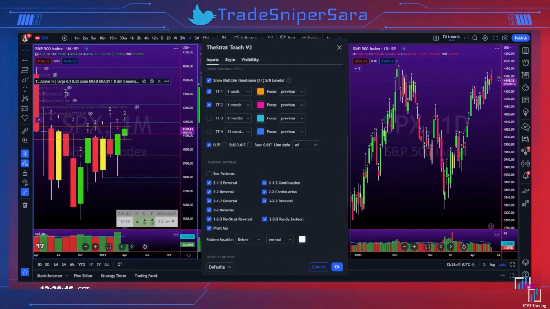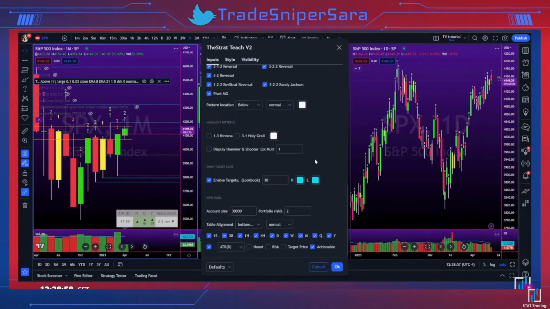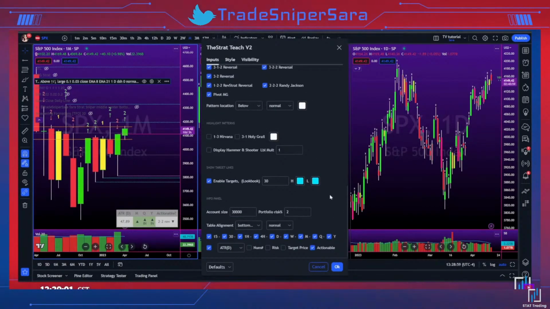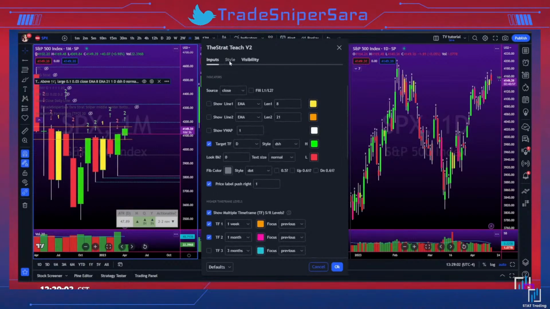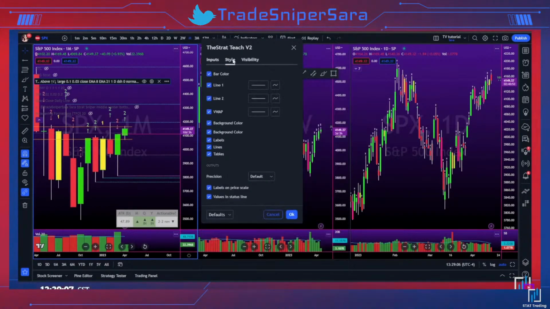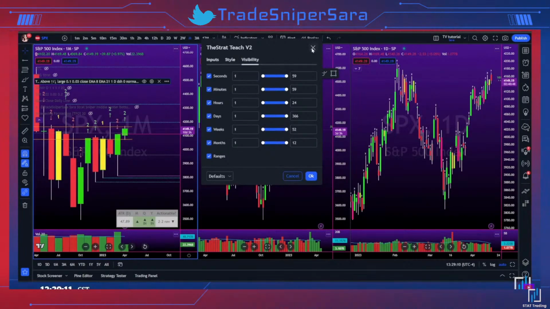Well, what else? It's got the 0.5 fib, which is this light gray dotted line. You can customize that however you like. I think the style and visibility tab, I don't think those do much. Yeah, I didn't mess with any of that.